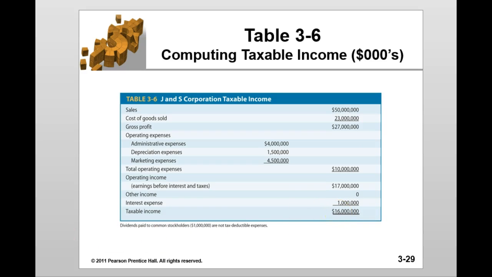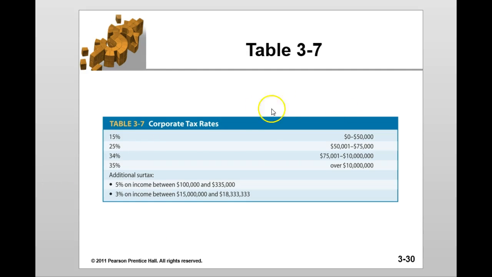So if we come down now, here is the corporate tax rate for this particular company, and this is called marginal because you're looking at areas of where this tax is going to flow, and you'll see that was over 16 million, so it's going to be at a 35% rate, and it says 3% on income between 15 million and 18,333. That's going to be in addition to this. So this is a marginal tax rate.